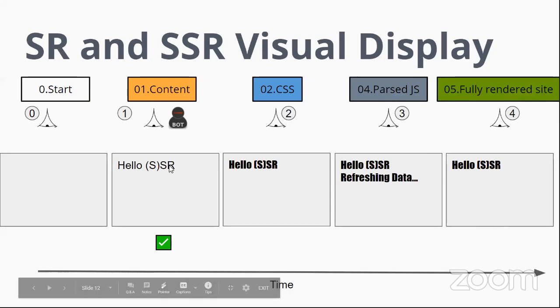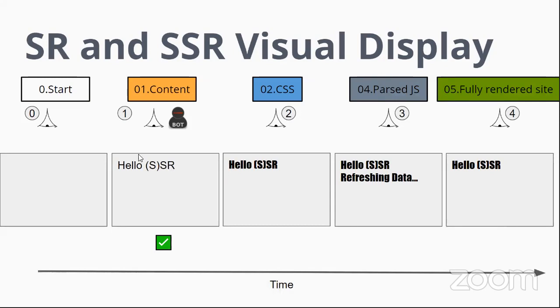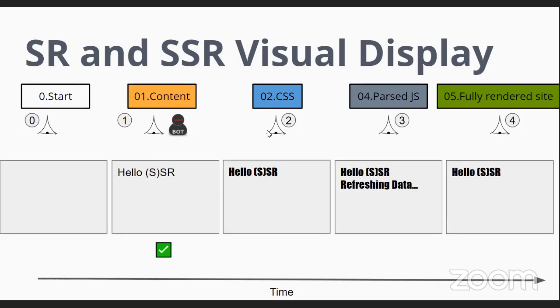Though in our HTML page that we initially rendered there was your content here, the server-side rendering has actually brought in the hello SSR and put it into the HTML content, right? And then the CSS loads and styles the content that we received. Then, while keeping the content that we already have, it makes a call to the backend and revalidates the content that it needs to show. So we don't need to wait until the 4th step.